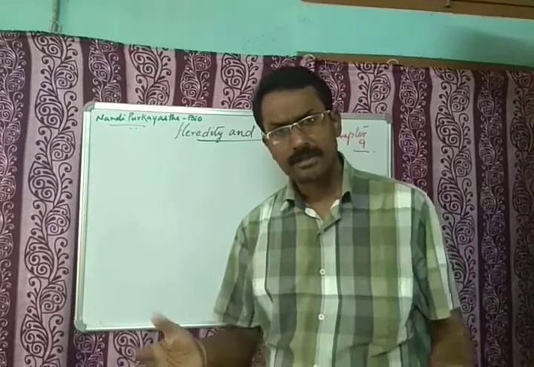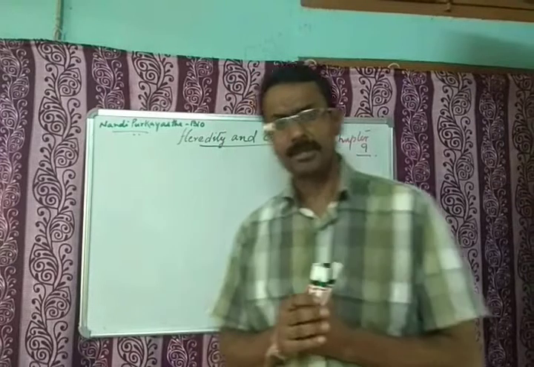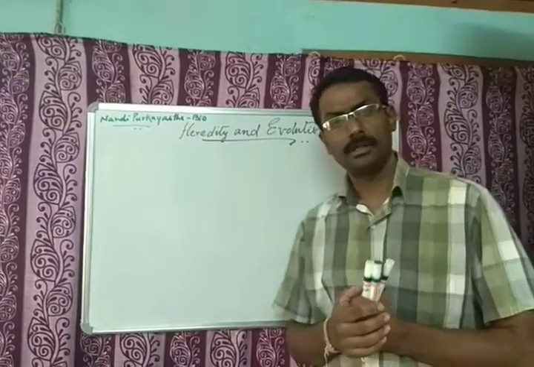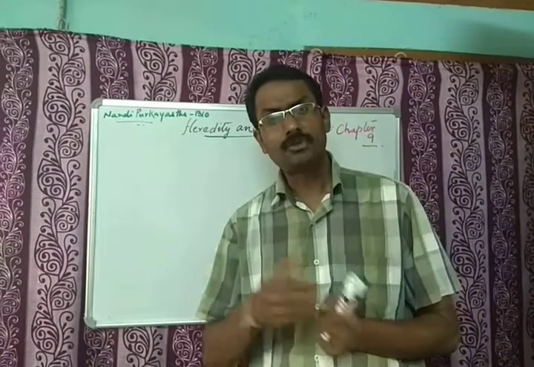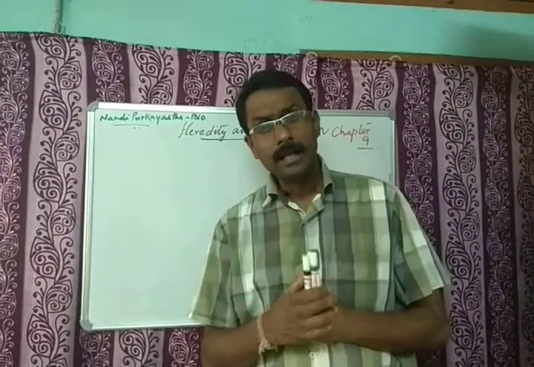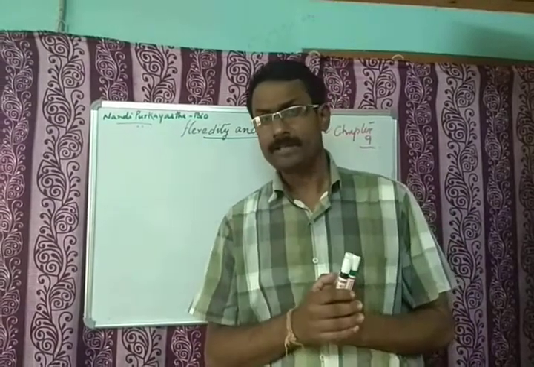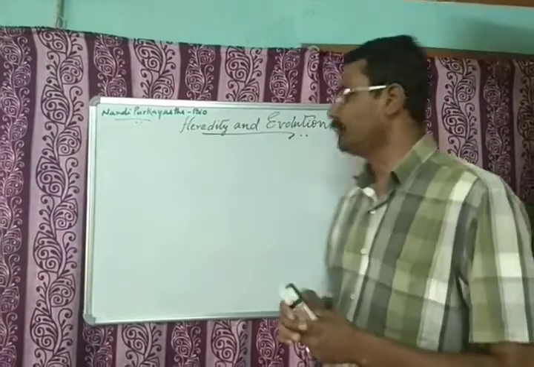Good morning, students. Today we're going to start a new chapter of science, that is heredity and evolution, where we'll be discussing the work done by Gregor Johann Mendel. He did two most important experiments that are included in your science chapter number 9, heredity and evolution.